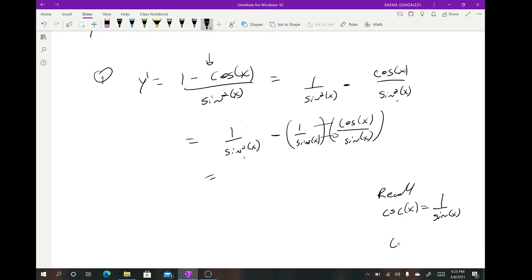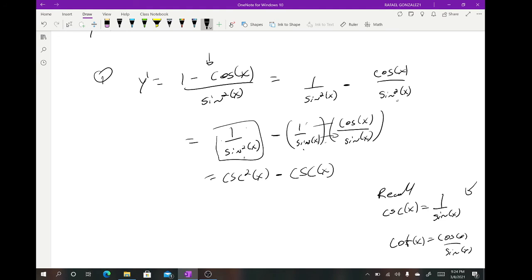And just for the sake of argument, also recall that cotangent of x is equal to cosine of x over sine of x. This is from your trigonometry class. So here I have this fraction, the first fraction right here becomes cosecant square x, then minus 1 over sine, we know what that is, because I just wrote it here. That's also cosecant of x, but I'm multiplying this by cosine over sine, but that's just cotangent of x.